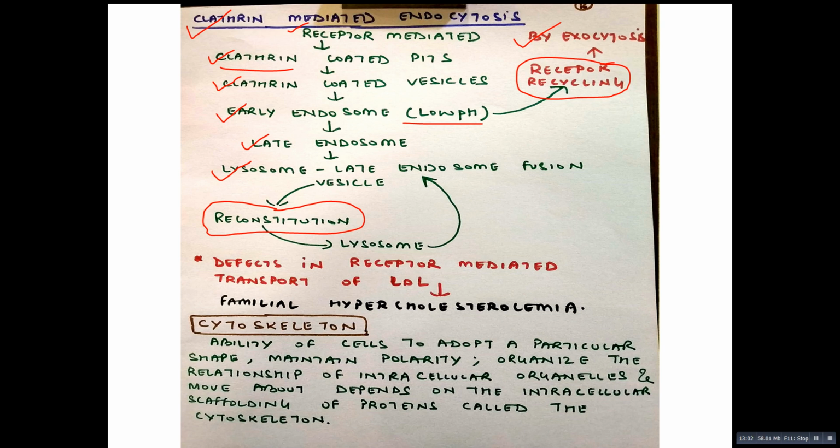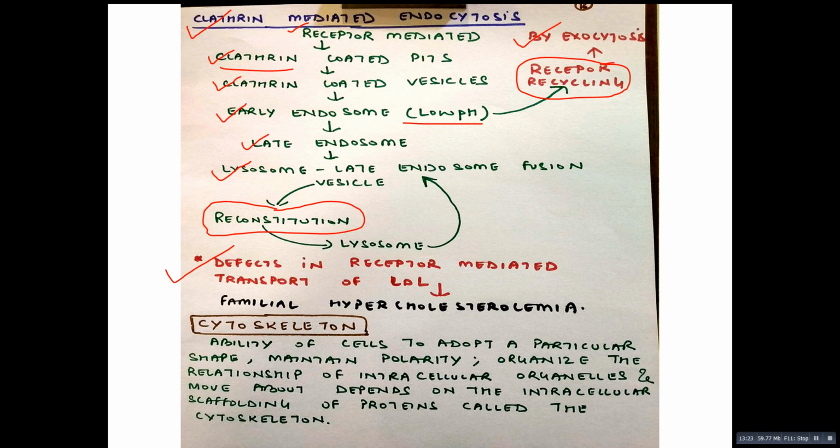Now, defects. What is very important over here for our NEET entrance exam is this: a defect in the receptor mediated endocytosis of LDL, that is low density lipoproteins, leads to a condition called familial hypercholesterolemia.